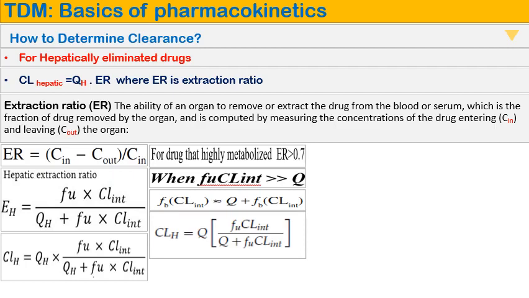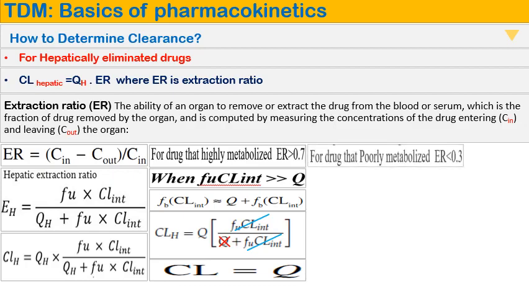Because the intrinsic clearance is much larger than QH, the QH term will be omitted, so the denominator and numerator are identical and cancel, giving one. What remains is that the hepatic clearance for a highly metabolized drug is approximately equal to QH. That means the clearance depends generally on the rate of infusion to the liver.